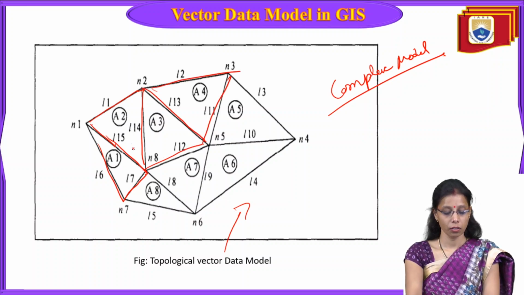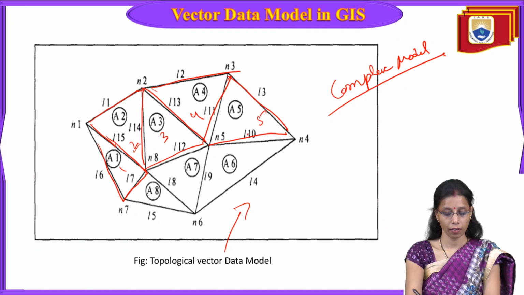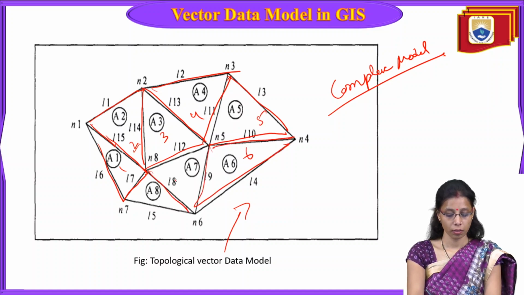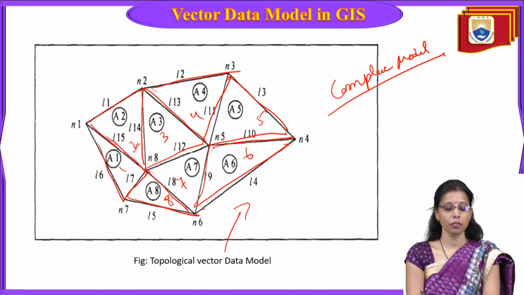This is A5, then 6, 7, 8. So in total we have 8 polygons here. You will see that A1 is adjacent to A2. Now this line is common, which is line 15.